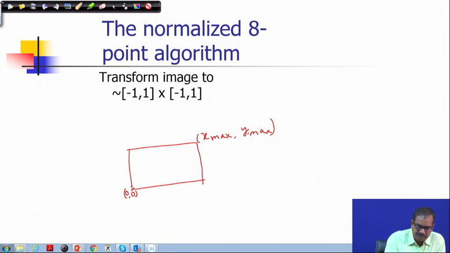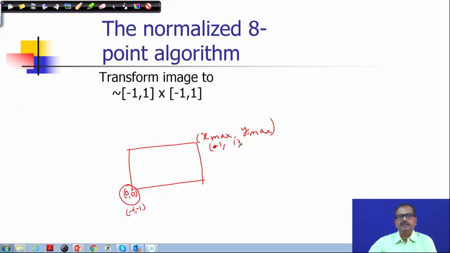Now I would like to transform this so that this corner becomes -1, -1 and this becomes 1, 1.